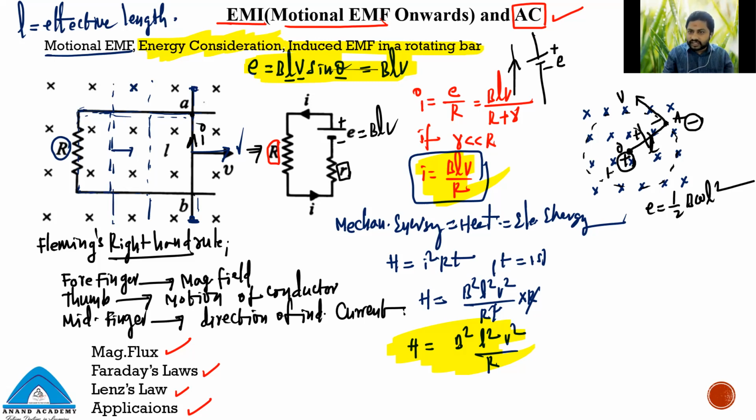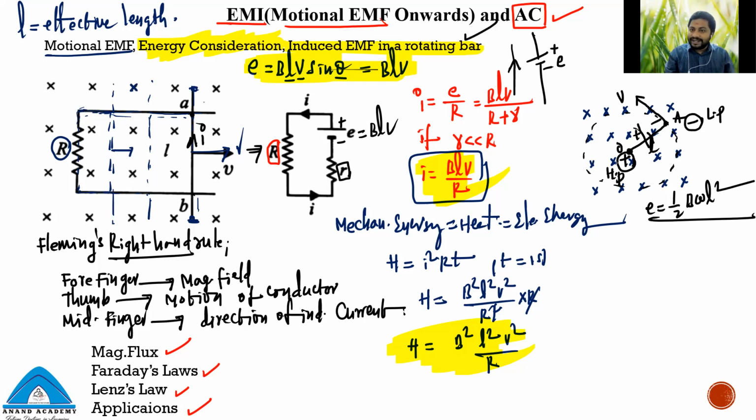Most of the times this question was asked in NEET and CET. In case of a rotating bar placed in a magnetic field where field lines are into the plane, my dear students, the point where the fixed position takes place is at high potential, the other one is at low potential. So this is the induced EMF in a rotating bar.